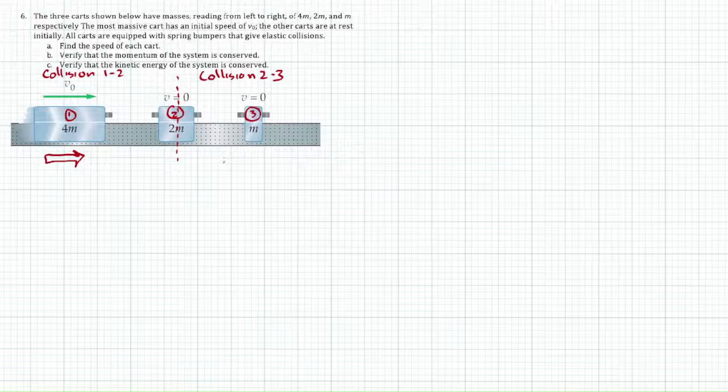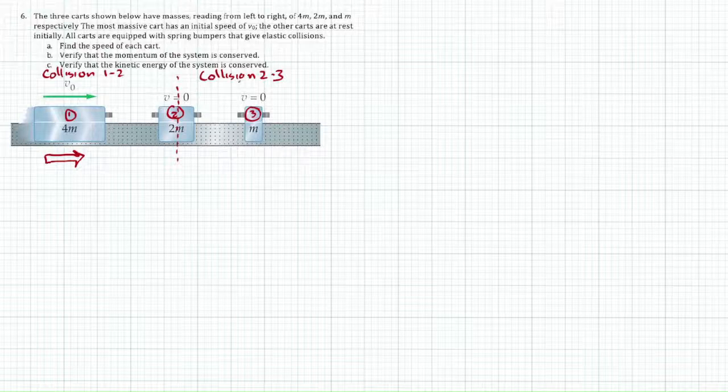And the same thing is true over here. Even though this cart is going to be sliding into 3, 3 is also at rest, which allows us to use the shorter equations. So we're not using the long equations at all, only the short ones. But we're going to be doing it 2 times, 1 for each collision.